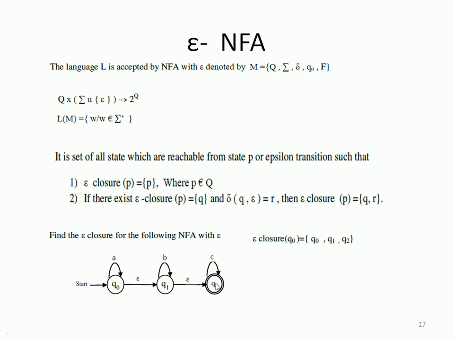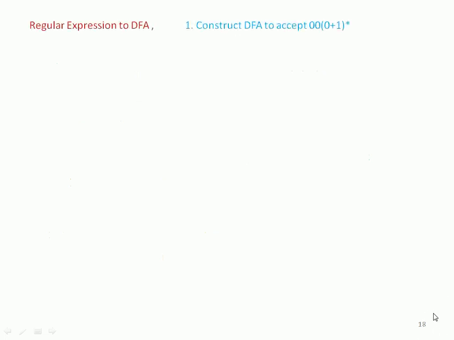This brings in the epsilon closure function, which is a reachability function. The epsilon closure of q0 is q0, q1, q2: q0 to q1 is reachable, q1 to q2 is reachable, and q2 to q2 is reachable. We will discuss this in detail in the subsequent discussion.